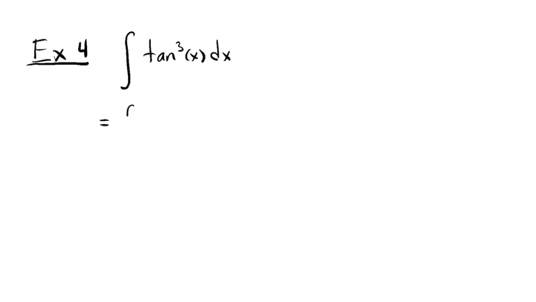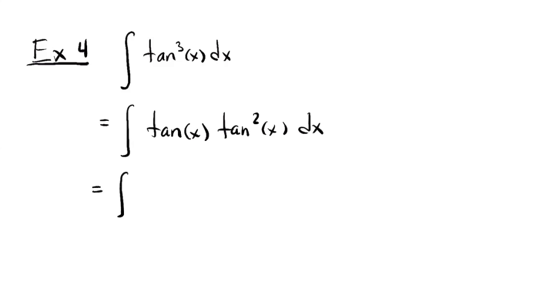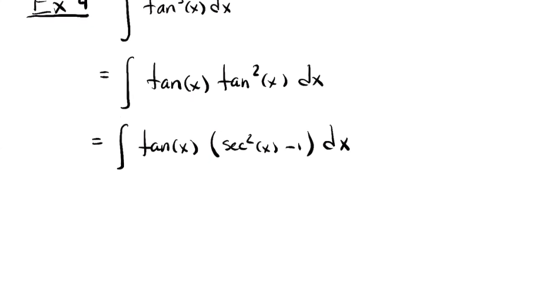I would rewrite this as tangent times tangent squared, and then replace tangent squared with secant squared minus 1. All right, distribute that through and distribute the integral through too. I'm going to do it on one line because I'm going to run out of room. I'd have the integral of tangent times secant squared minus the integral of tangent.